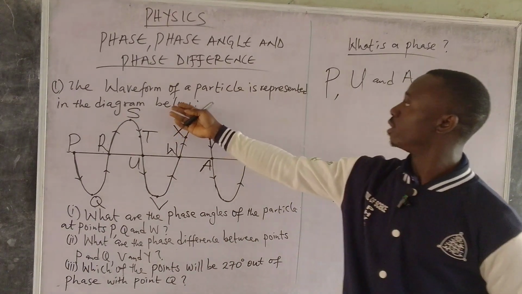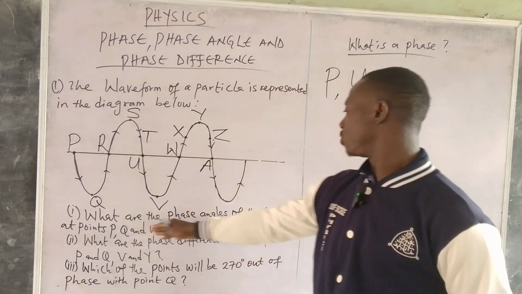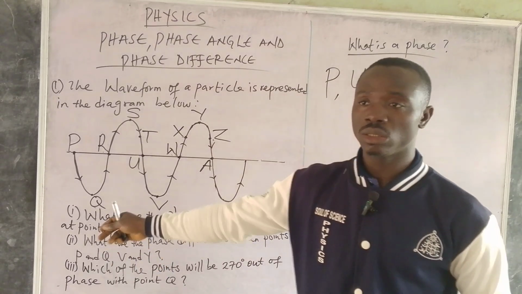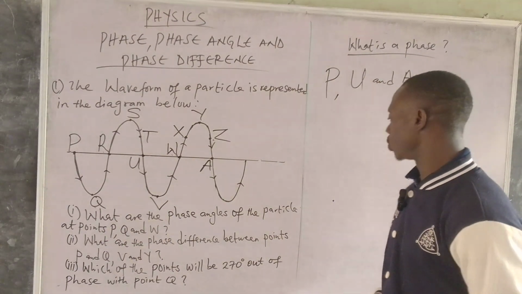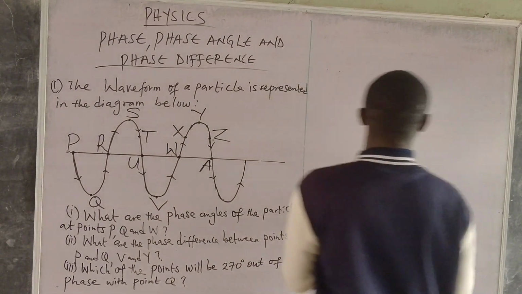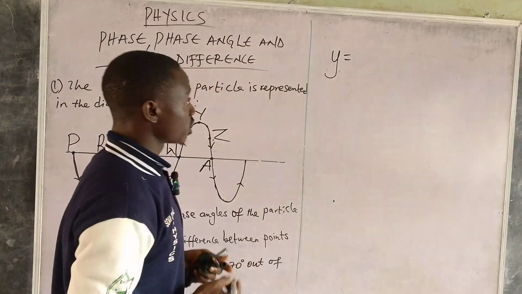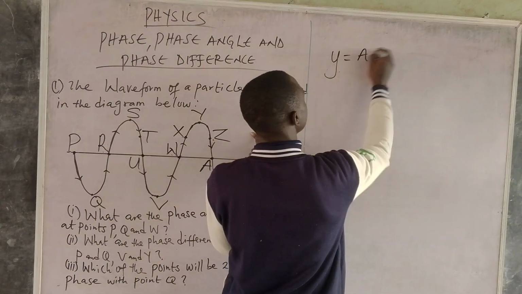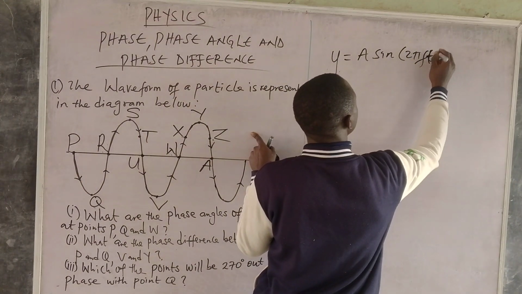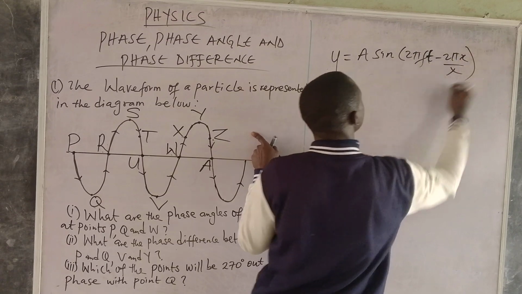The question says the waveform of a particle is represented in the diagram below. What are the phase angles of the particles at points P, Q, and W? Now, if you can remember the general equation of a progressive wave, which says y equals a sine 2 pi ft minus 2 pi x over lambda.